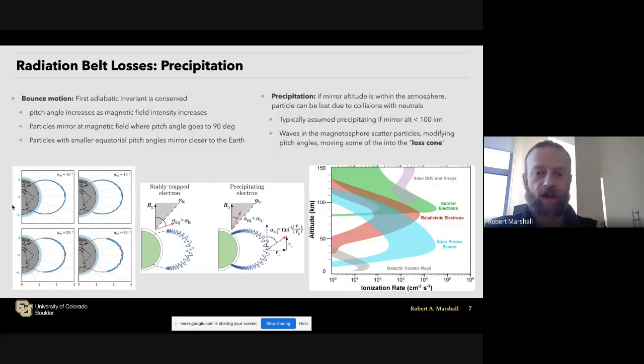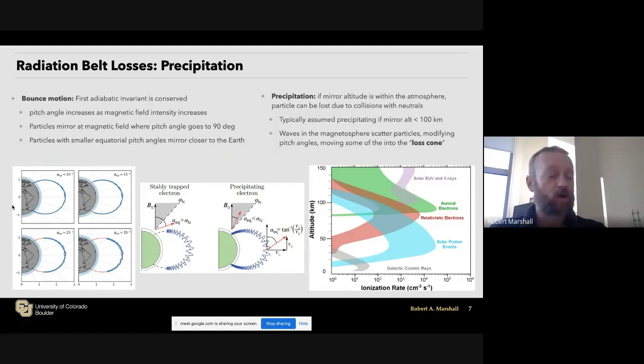The diagram on the right shows you where we expect most precipitation to occur. These particles will penetrate into the atmosphere and, again, be lost by collisions with neutrals and deposit their energy. We'll talk about the various ways that they deposit energy in a second. But depending on the type of radiation, as well as the energy for electrons and protons, for example, they penetrate to different altitudes.